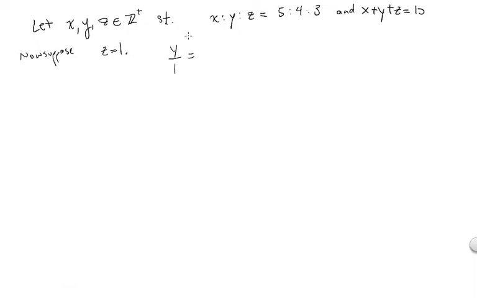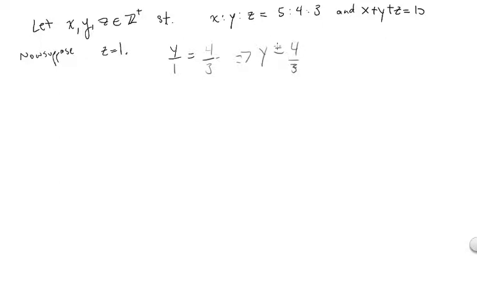So the ratio of y to z, which we've chosen z equal to 1, is 4 to 3. So we would cross multiply, or actually we don't even need to, y equals 4/3. Okay, right, you can see this is just over 1, so anything over 1 is just itself.